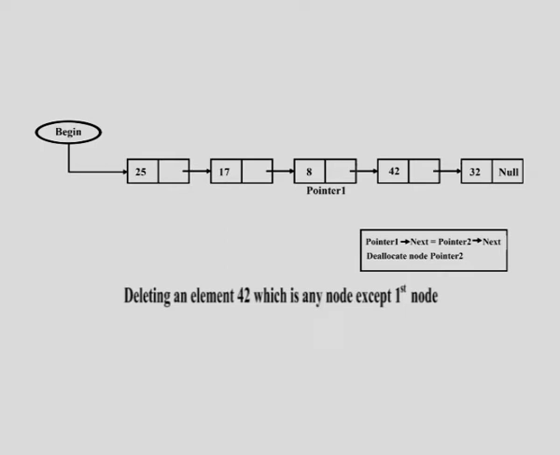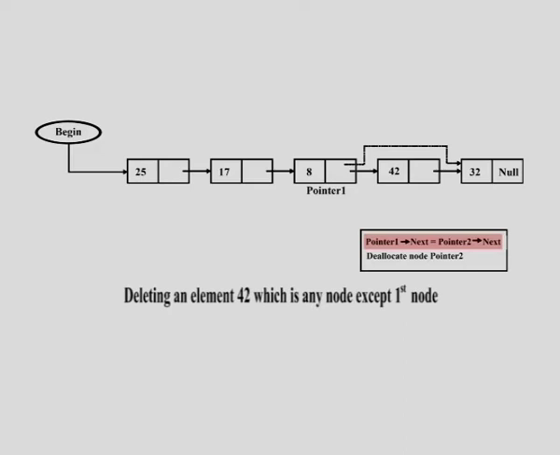Now, it is very simple to delete node 42 from the linked list. Just change the next part of node 8. Here we change the value of next part of node pointer 1 to address of node 32, which is in the next part of node 42.